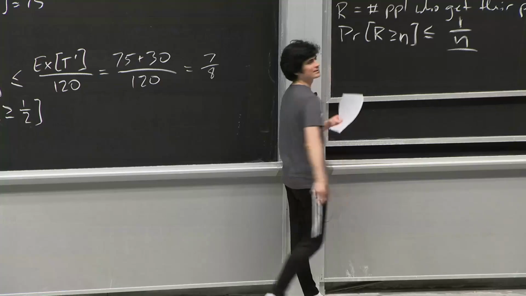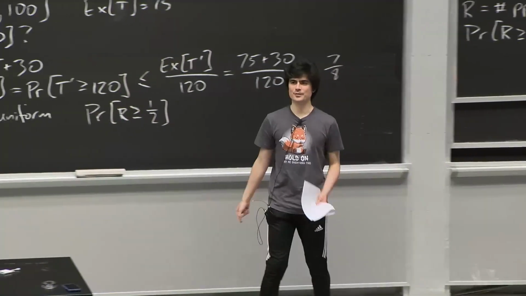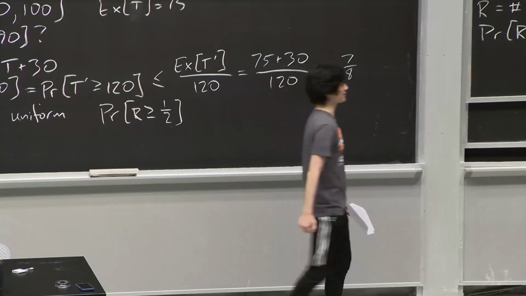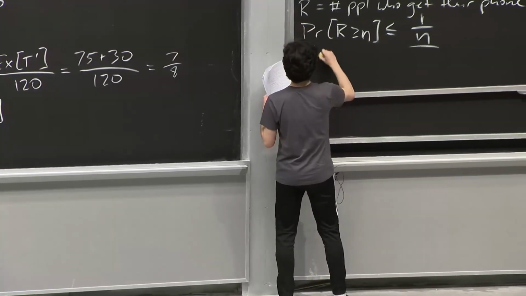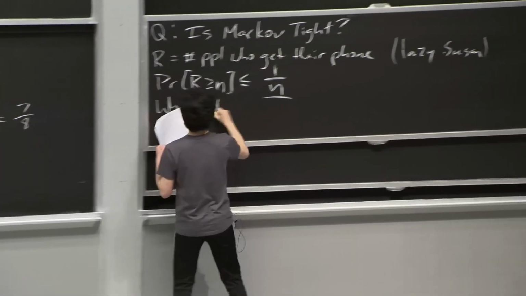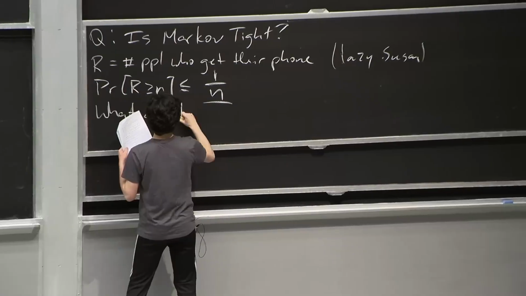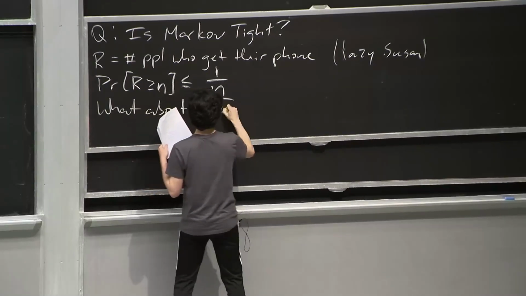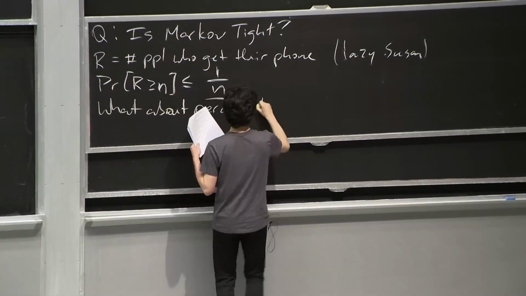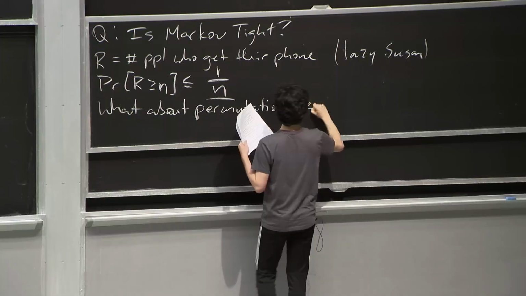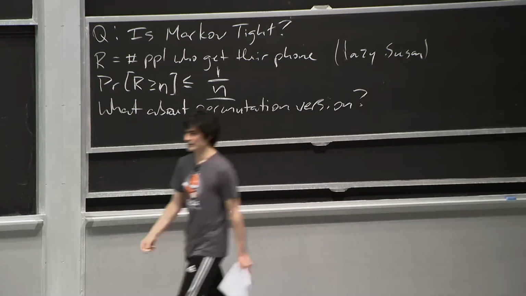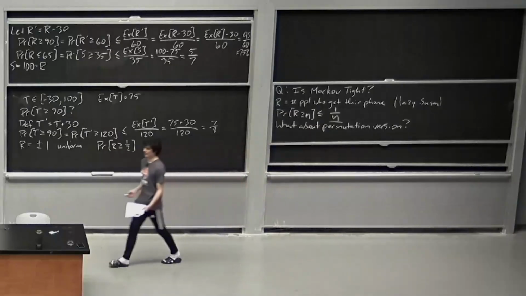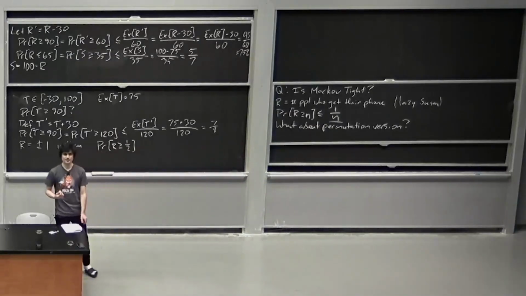On the other hand, suppose we're permuting all of the phones instead of putting them on the lazy Susan. In this case, what does Markov tell us about the probability that everybody gets their phone back?